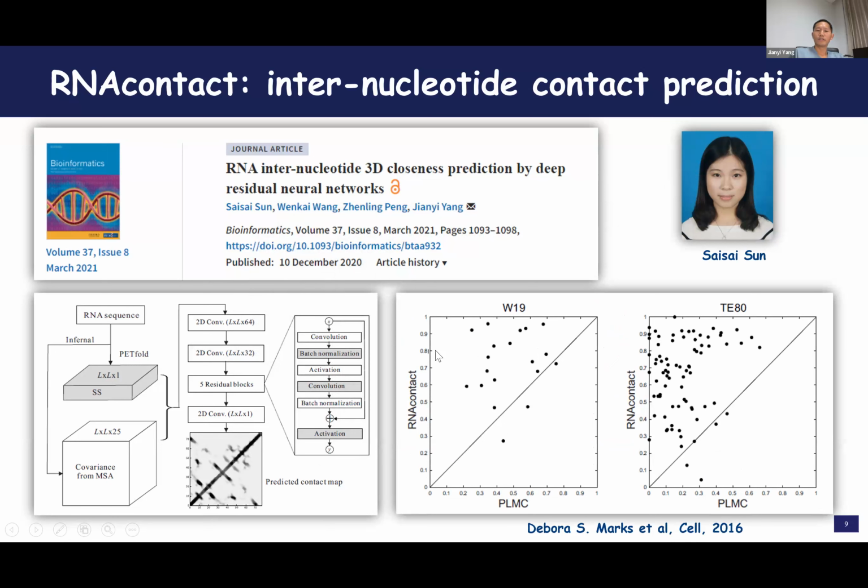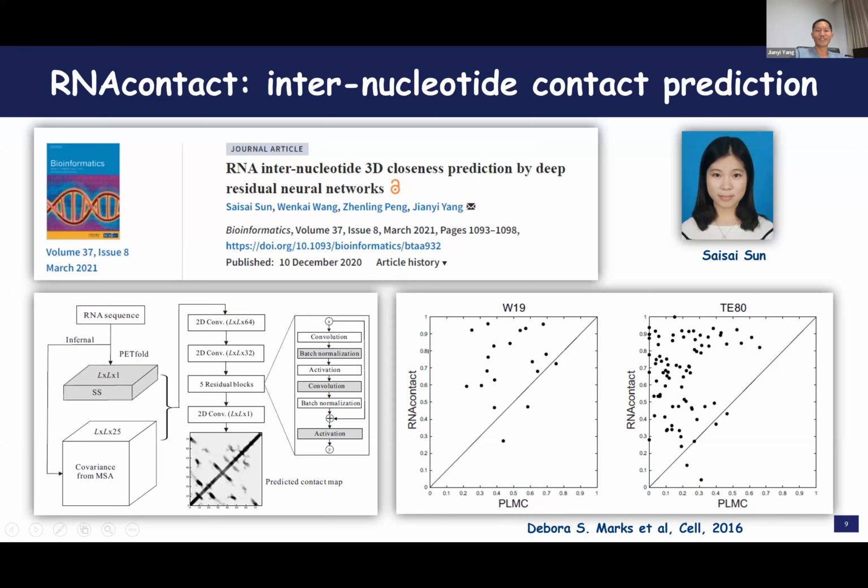You can see this is the precision of the predicted contacts in comparison with PLMC, the direct coupling based method. The precision of the contacts predicted by our method, which we call RNAcontact, is all better than this direct coupling based method. On average, it's about 2 times higher than the DCA based method.